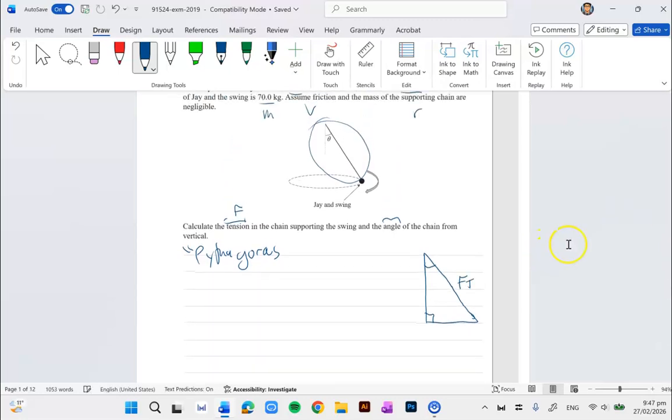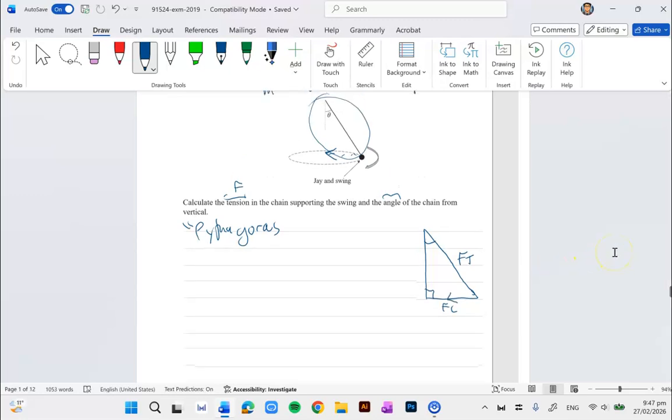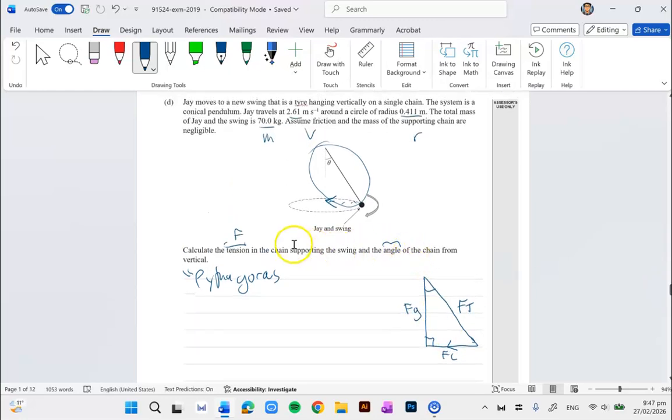This is your tension force. This here is your centripetal force because it's going towards the center, right? I can draw arrows to sort of help you. This is the weight force, Fg. Actually, I might just do this as a separate video because I'm not going to have enough time to cover it.